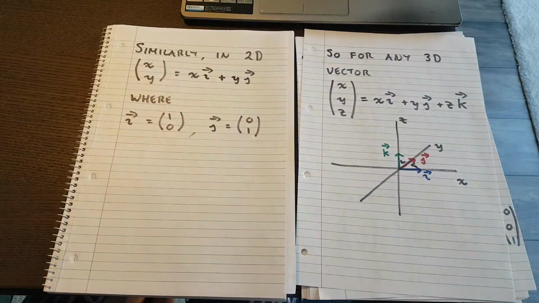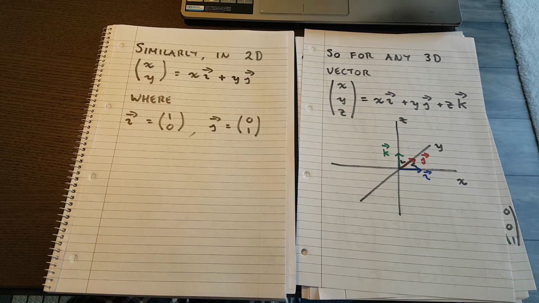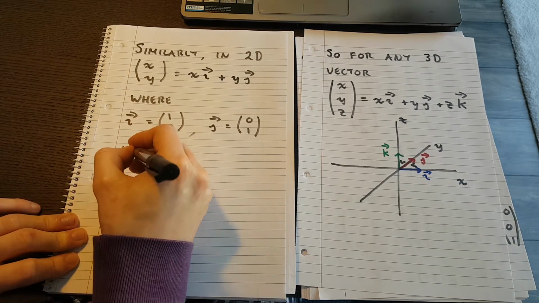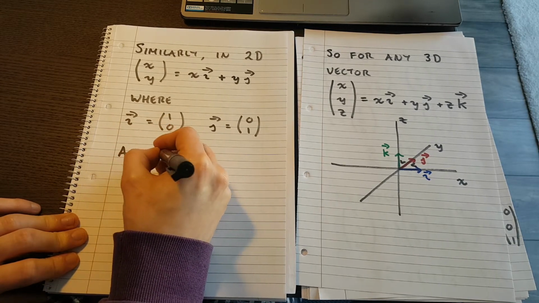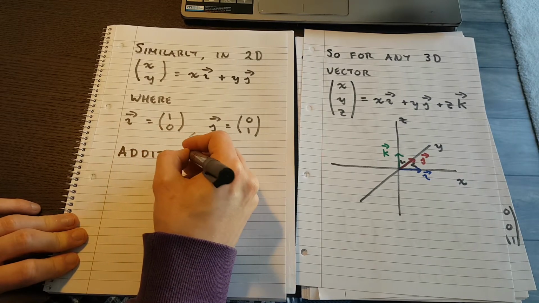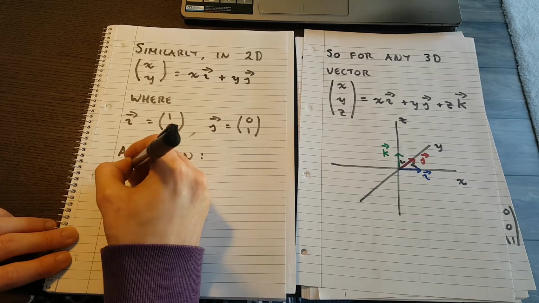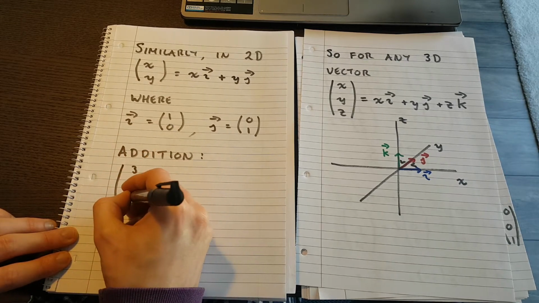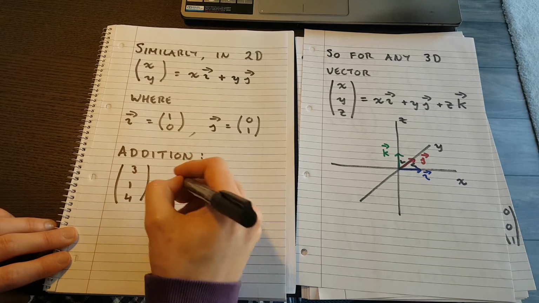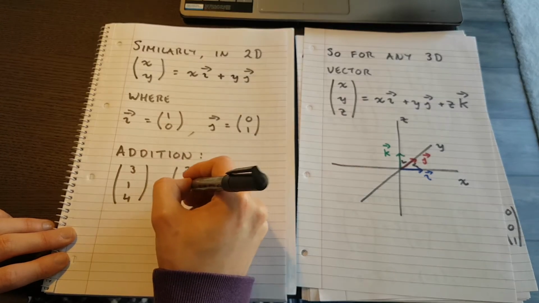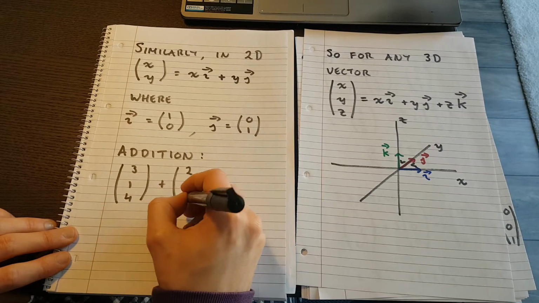Okay, so that's i, j, and k notation. We've talked about how to add vectors together. Let's see how to add them together using i, j, and k notation. Let's have (3, 1, 4) plus (2, 0, 5).